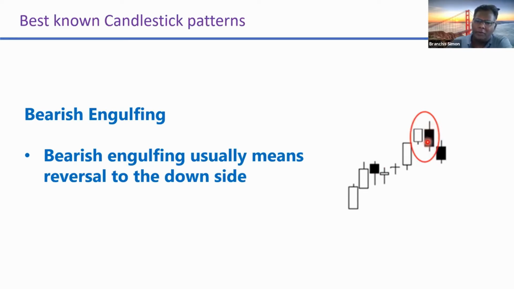This candle now engulfed the previous day candle's body completely. And the lowest price is much lower than the previous day's highest price or closing price. So that gives you an indication that the market is probably going to reverse to the downside.